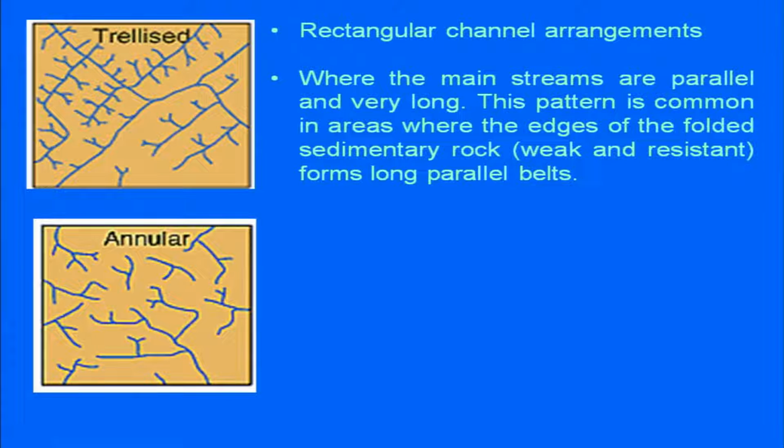This pattern is common in areas with the edges of folded sedimentary rock. So it flows across the folded sedimentary rocks, and sedimentary rocks usually are seen in combination of weak and resistant rocks and form a very long belt.